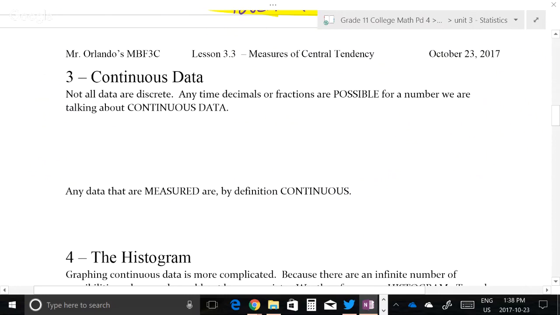Does that make sense? And then if we had an incredibly accurate set of calipers, I have a set of calipers at home that go to the thousandth of an inch, very, very accurate. I use them for setting up my guitars. So anytime we can get really small decimals and fine fractions and cut that into more and more accurate pieces, now we're talking about what we call continuous data.